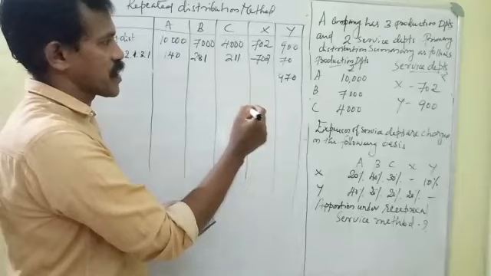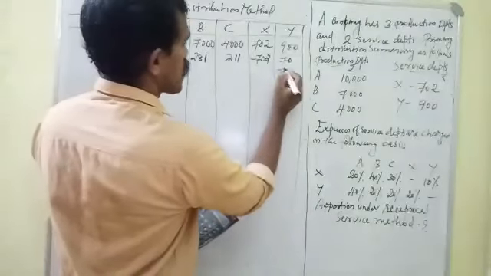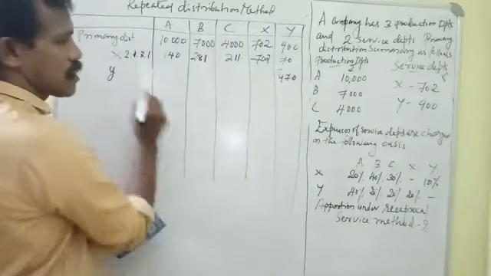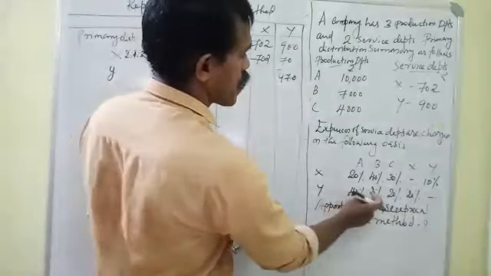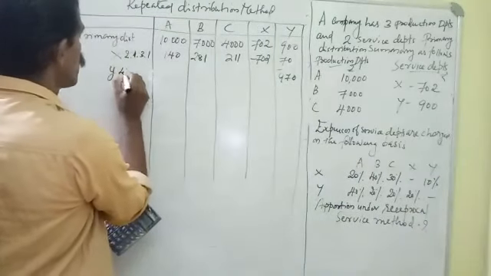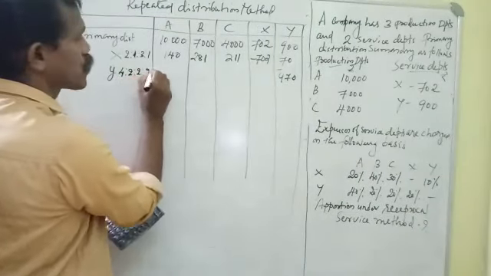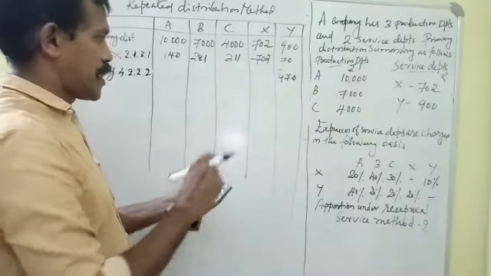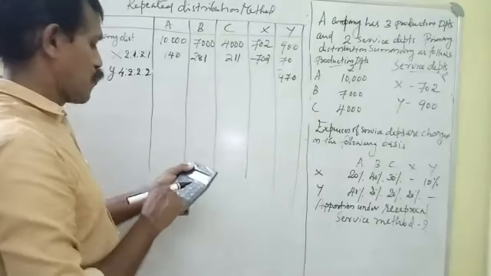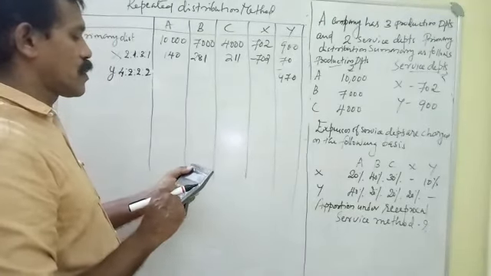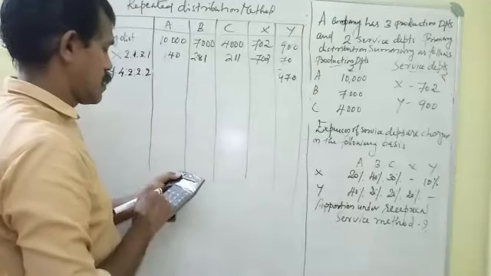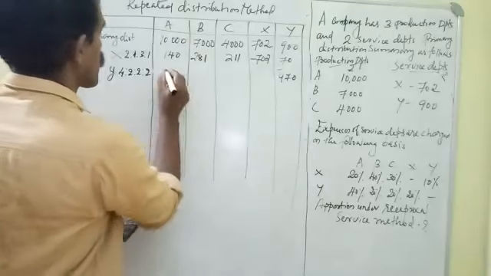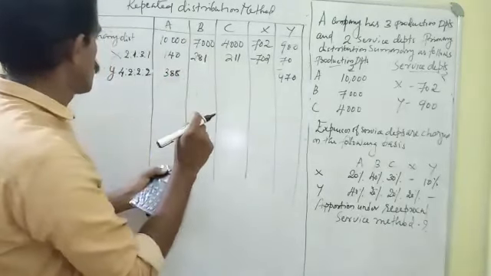Okay, this 970 we will distribute among other departments. These are A, B, C and X. Their basis of distribution 40, 20, 20 and 20. 4 is to 2 is to 2 is to 2. Then 970 divided by 10, 97. 97 into 4, that is equal to 388.